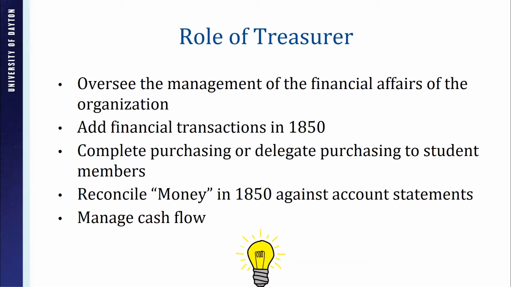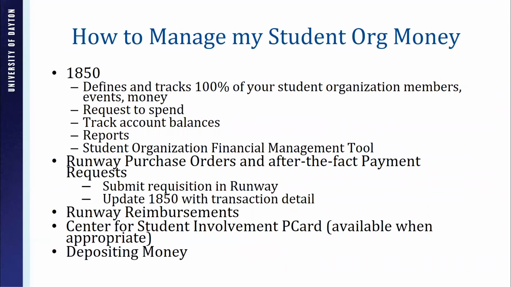We will walk through how to do that, where all of that stuff lives today as well. But it is your responsibility to make sure it's on there. You must also complete purchasing or delegate purchasing to student members, reconcile money in 1850 against account statements, and then manage the cash flow. Make sure you have enough funds coming in to cover the expenses that you have.